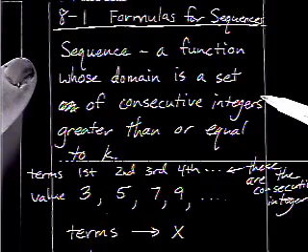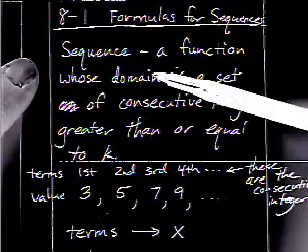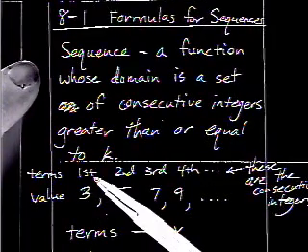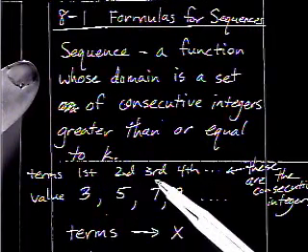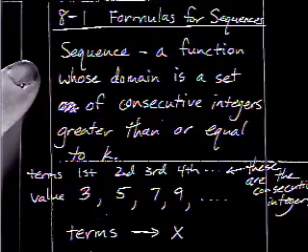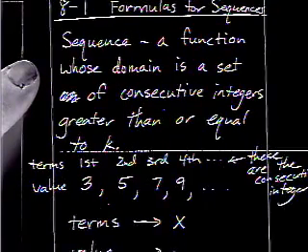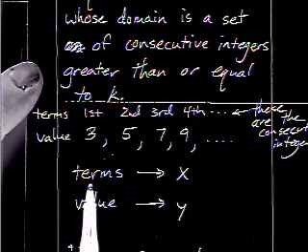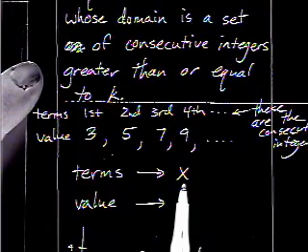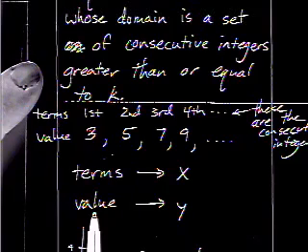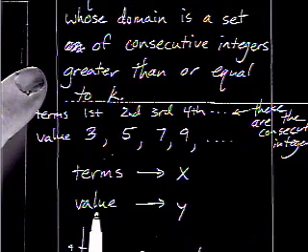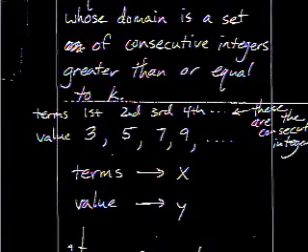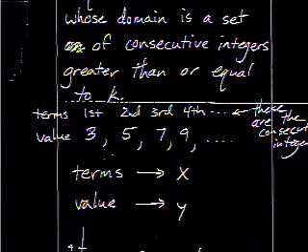Well, up in your definition, see how it says the domain is a set of consecutive integers? Well, these numbers right here, first, second, third, fourth, those are the consecutive integers. So I guess you could liken it to the terms representing the x values, and the value of the term in the sequence representing the y values. So in essence, what you're dealing with is a function.